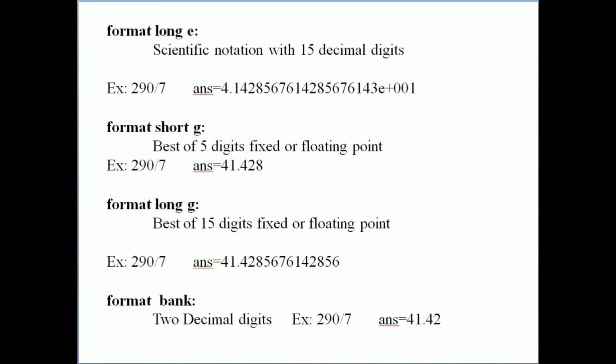Format long E, scientific notation with 15 decimal digits. Format short G, best of 5 digits fixed or floating point. Format long G, best of 15 digits fixed or floating point. Format bank, 2 decimals only: after the decimal point, take only 2 digits.